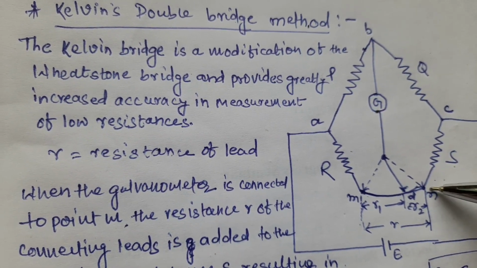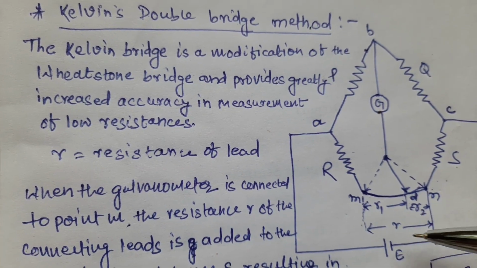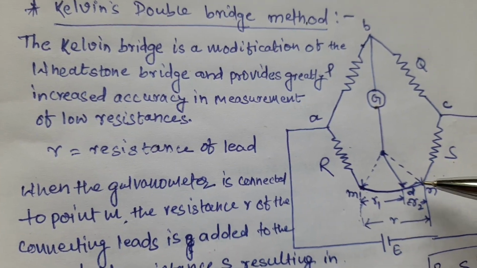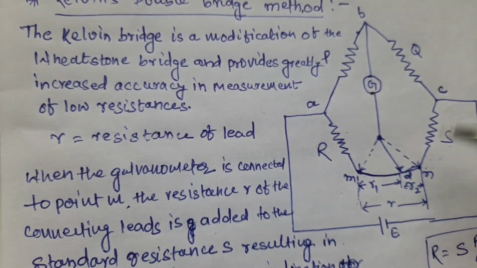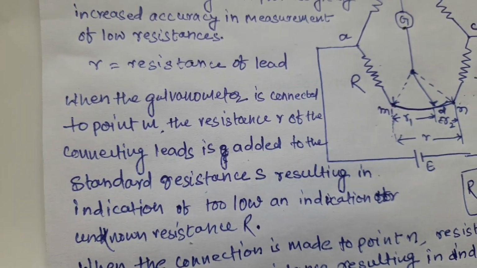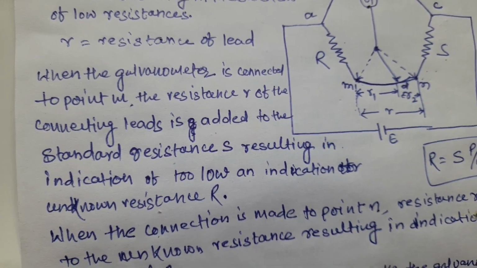Then if you connect at point N, the wire resistance small r is in series with the unknown resistance.